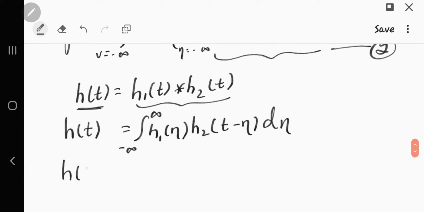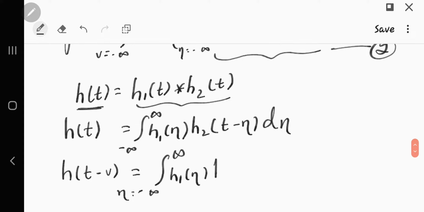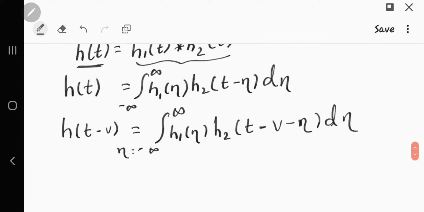So if I give a time-shifted input to this h of t, then this expression will become, sorry, not v, it is eta, varying from minus infinity to plus infinity, h1 of eta, h2 of t minus v minus eta, d eta. Okay. So this is not n, this is eta. If you are getting confused, please correct it. This is eta, not n here.